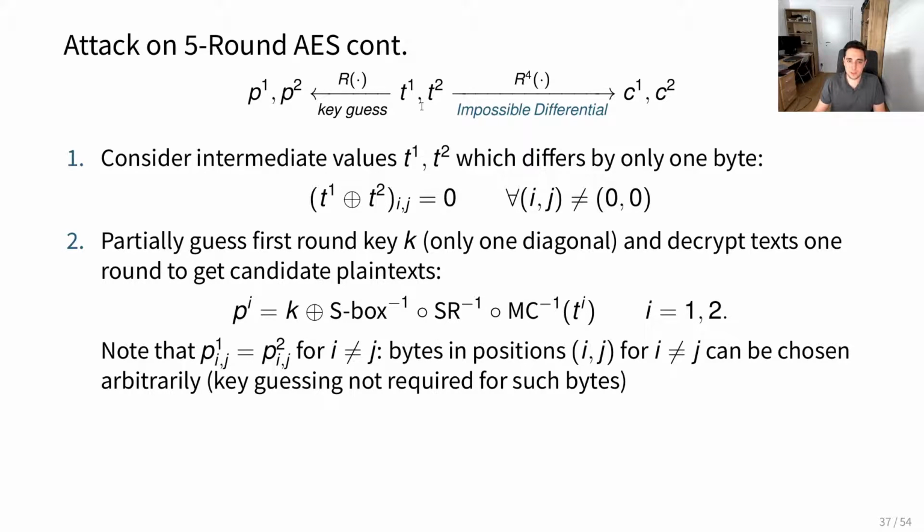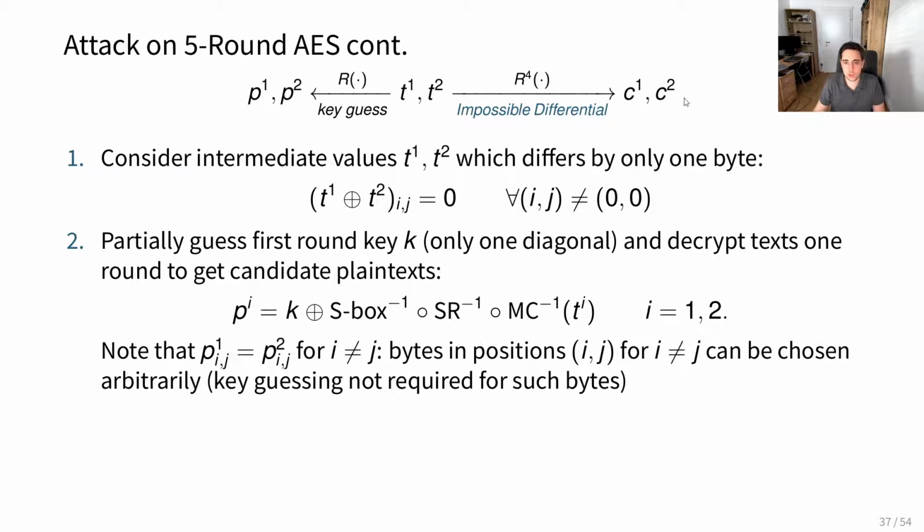And with these bytes here, we make a key guess in the backwards direction, and by this key guess, we arrive at some candidate plaintexts. Okay, so this may not be true, but we arrive at some candidates. And with this plaintext, we send it to the oracle, and we receive this C1, C2 from the oracle.